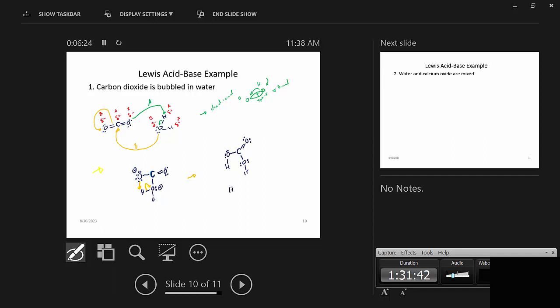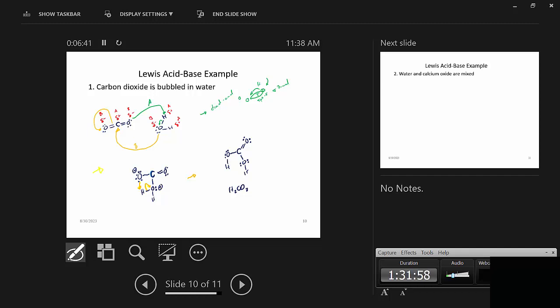This is H2CO3. H2CO3, what's that called? Carbonic acid. So this is the formation of carbonic acid.